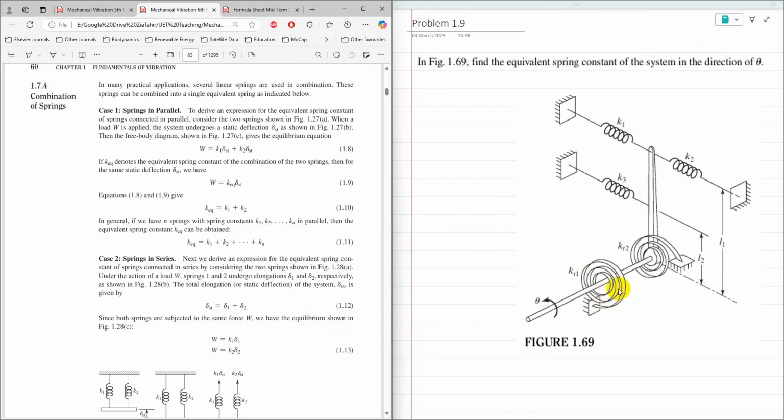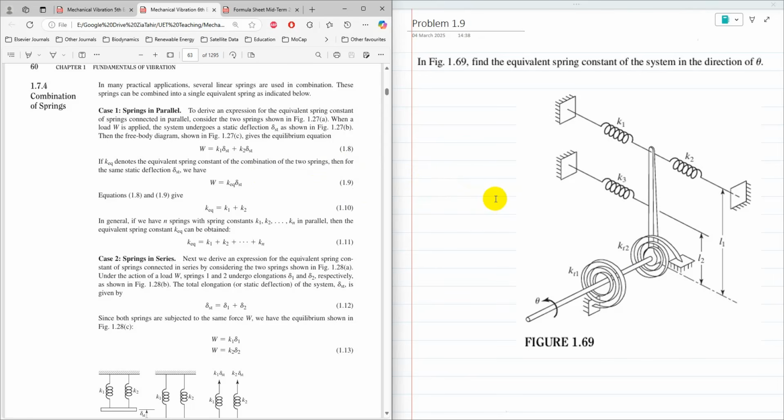In this problem, two springs are torsional springs and three springs, K1, K2, K3, are translational or linear springs. So we cannot solve this problem directly using simple series or parallel combinations of springs.